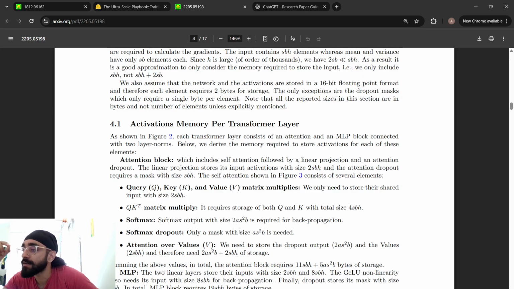So you need to find a type of layer. If you checkpoint or save the activation of that layer, then the memory required for saving that activation should not be very high, but also the additional computation you need to do to compute the other activations should not be very high.